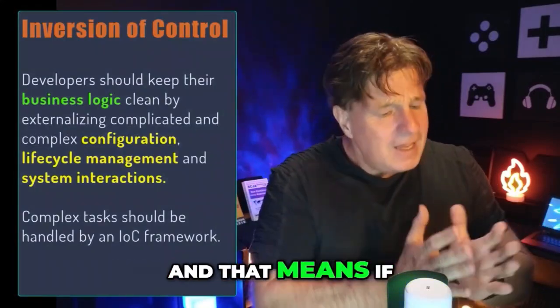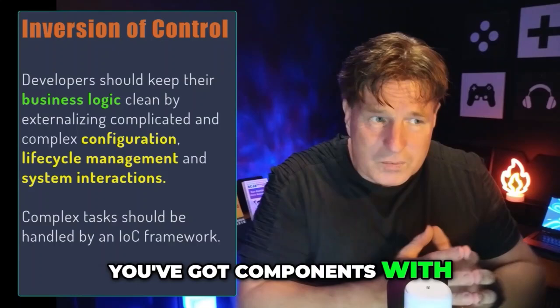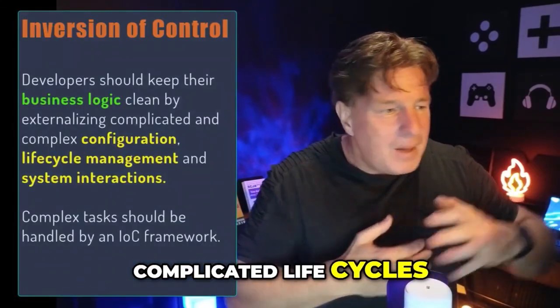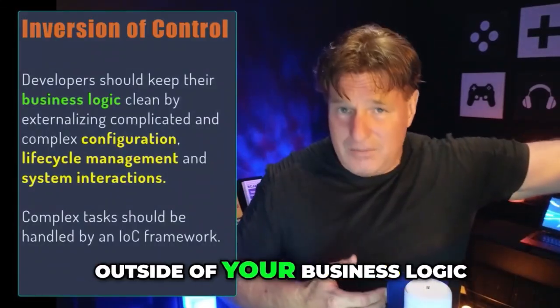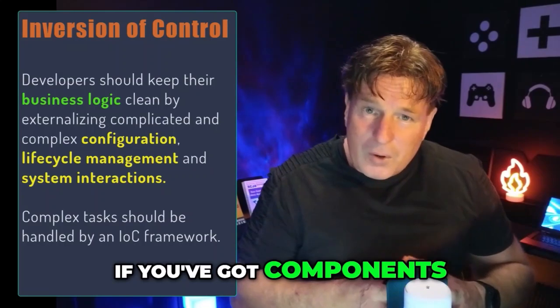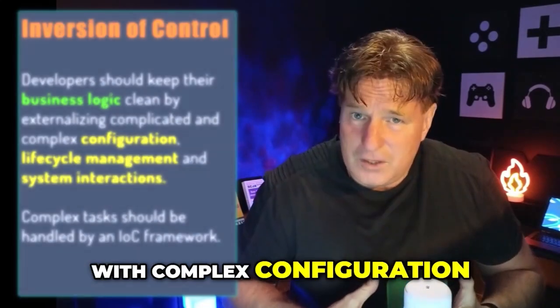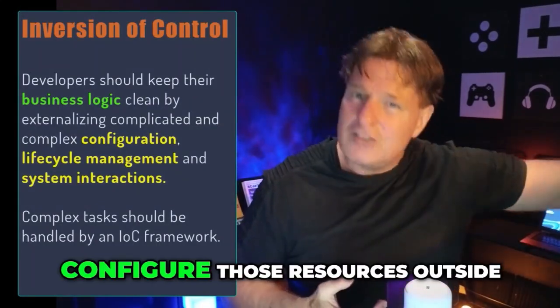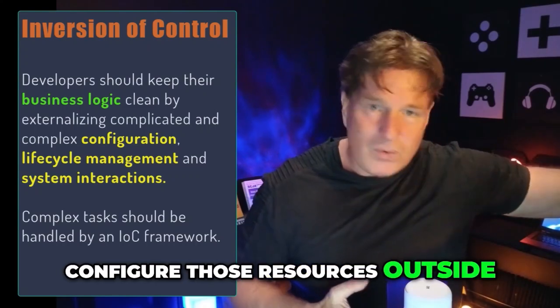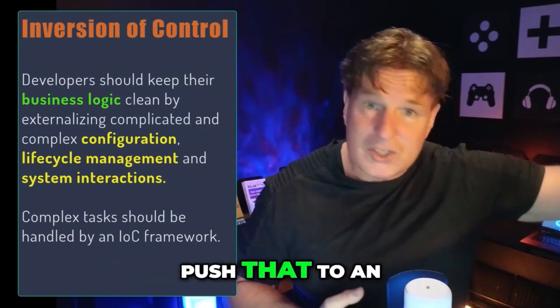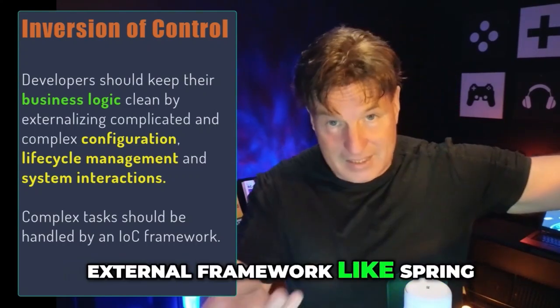And that means if you've got components with complicated life cycles, manage those life cycles outside of your business logic. If you've got components with complex configuration, parameterize, configure those resources outside of your business logic. Push that to an external framework like Spring.